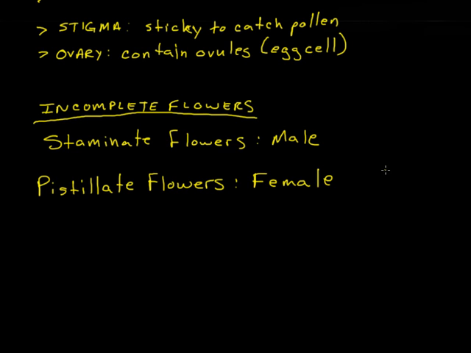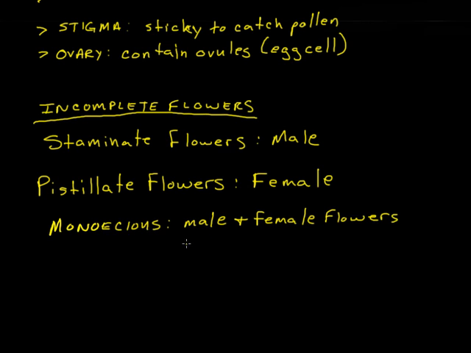Now, these incomplete flowers may be found on the same plant, and if they are found on the same plant, we call those plants monoecious. And this means it has male, once again, and female flower parts or flowers on the same plant, which basically means the plants are both male and female.